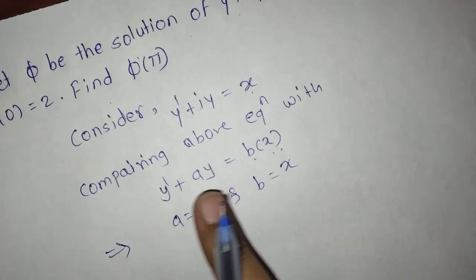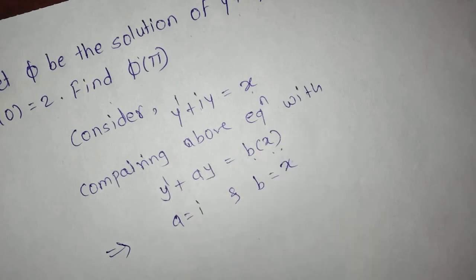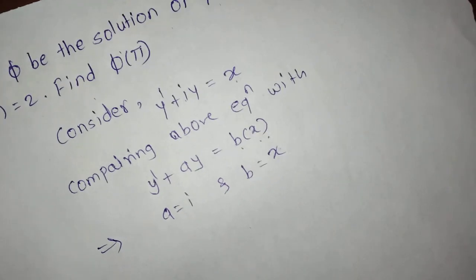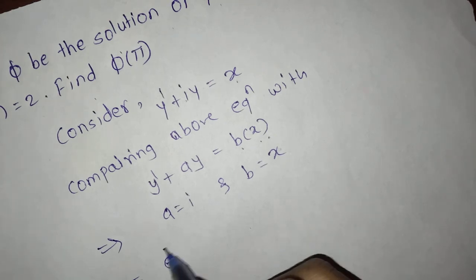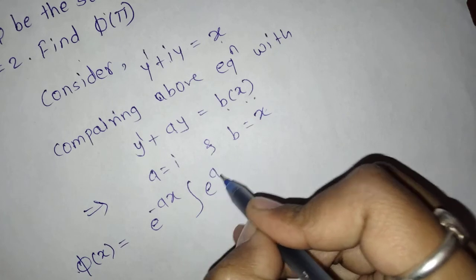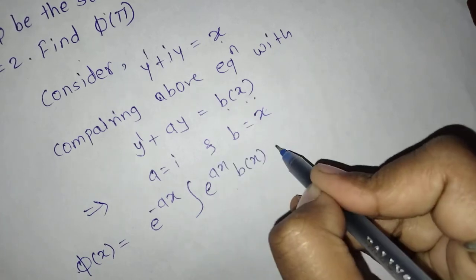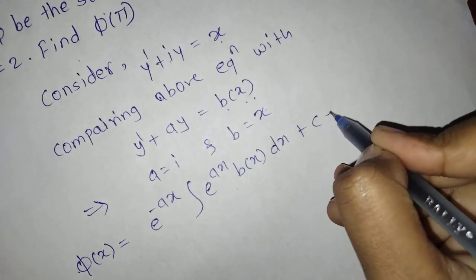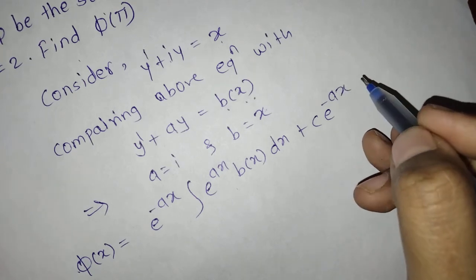Now we know that the solution of this type of differential equation is phi of x is equal to e raised to minus ax into integration e raised to ax b of x dx plus c into e raised to minus ax.